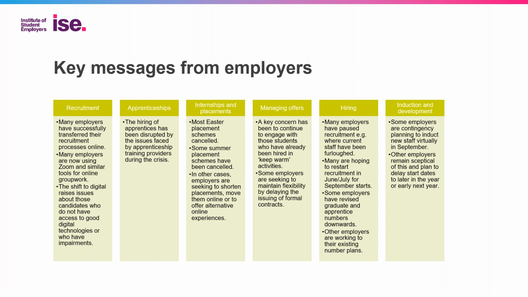Okay, so moving on to apprenticeships as a specific group. I've already mentioned this in the education section of this update, but the hiring of apprentices has been disrupted by the issues that are faced by apprenticeship training providers during the crisis. Now, obviously, that's very bad for those independent training providers who are struggling financially. Some may go out of business, but it's also very bad for employers who are using those providers often to source candidates, sometimes even to assess candidates for their apprenticeships, but then obviously to deliver their development provision.